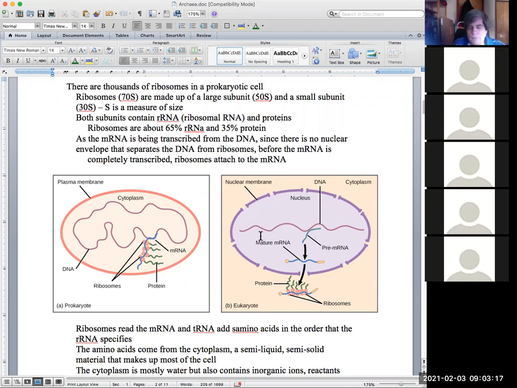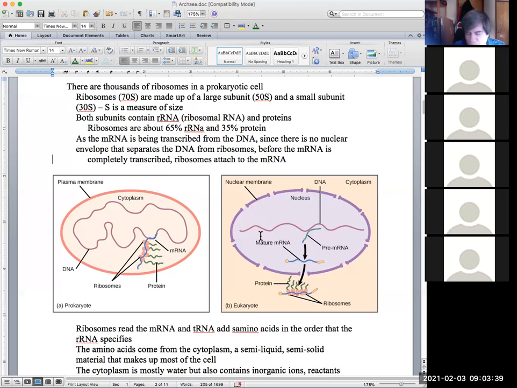So let's look at the difference between how a prokaryotic cell makes proteins and how a eukaryotic cell makes proteins. So remember, in protein synthesis, there are two steps. There's transcription. And in transcription, we take the DNA and we use it to make RNA.